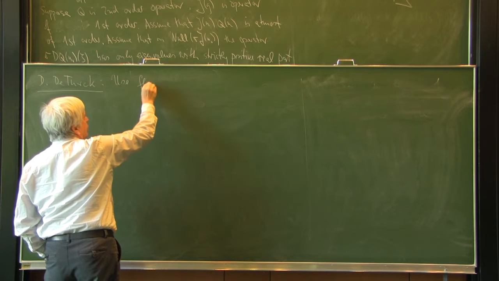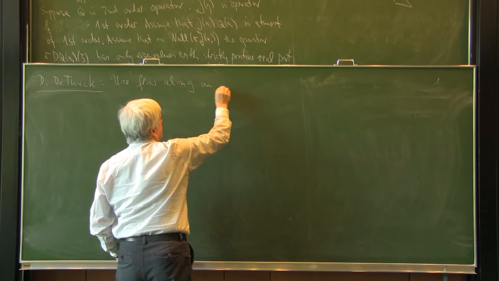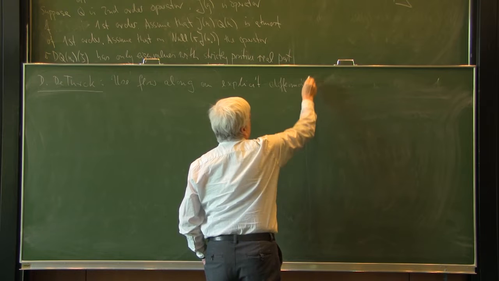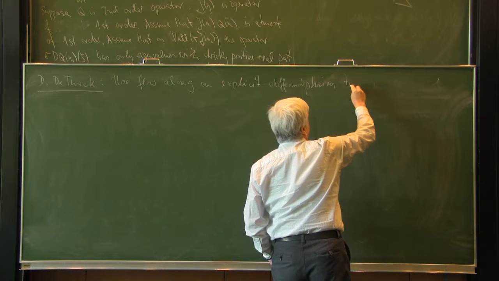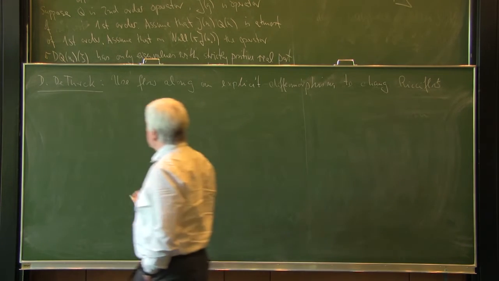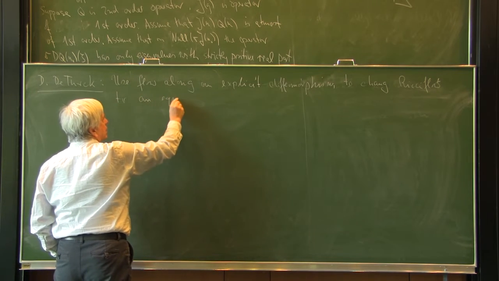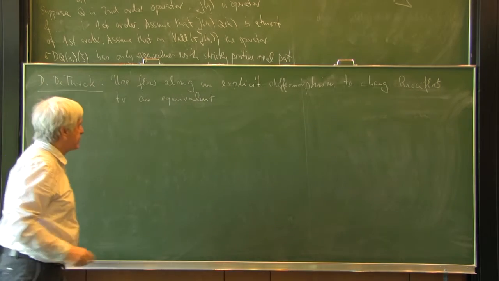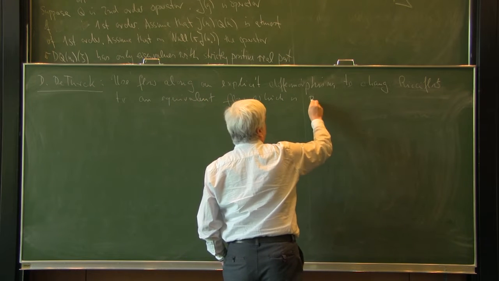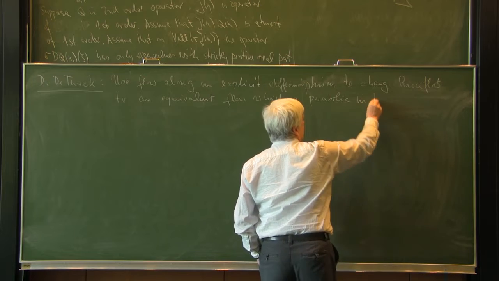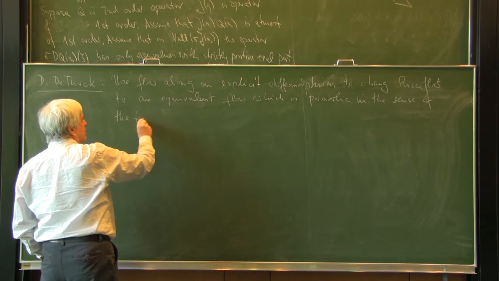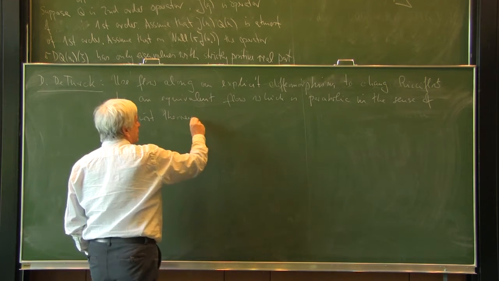Use the flow along an explicit diffeomorphism to change Ricci flow to an equivalent flow which is parabolic in the sense of the first main theorem of the last lecture.